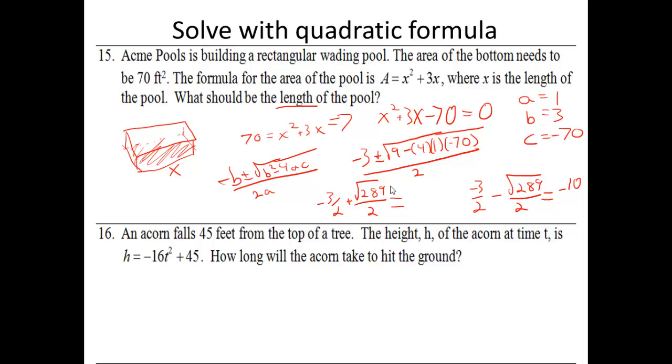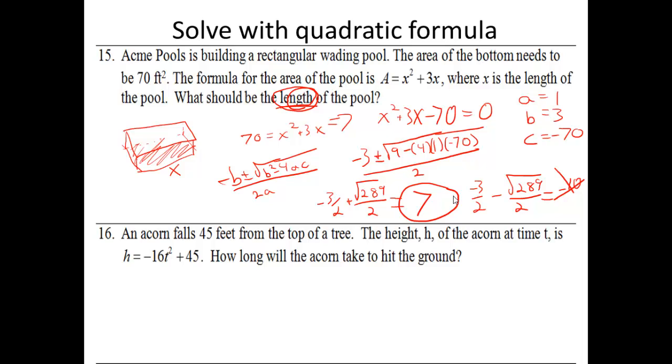And this over here is going to be equal to 7. Now, because we're looking for, again, the length of a pool, our length cannot be negative. So it has to be 7, and that is our answer. So it looks like the length of our side will be 7 feet.